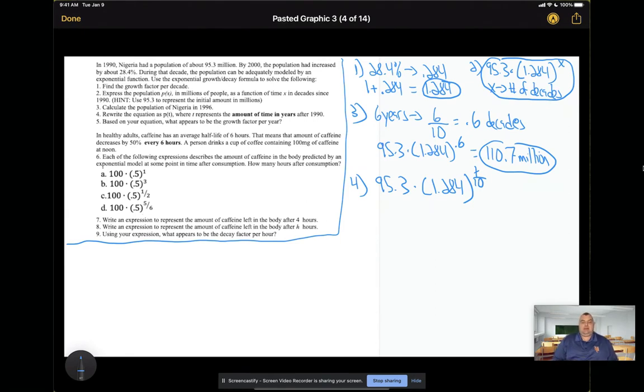T divided by 10. Because if I take the number of years and divide it by 10, that will give me the number of decades. So this is my equation where t represents the time in years.